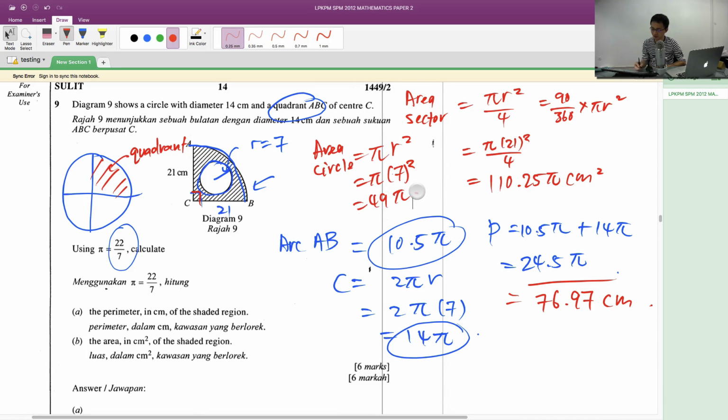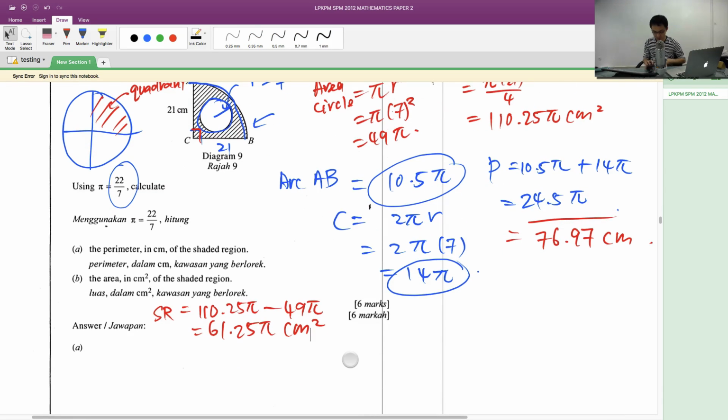To find the area of the shaded region, I will just use the sector 110.25 pi minus the circle, minus 49. So you will get 61.25 pi centimeter square. If you do not like the pi, you just multiply pi into it. It doesn't matter.